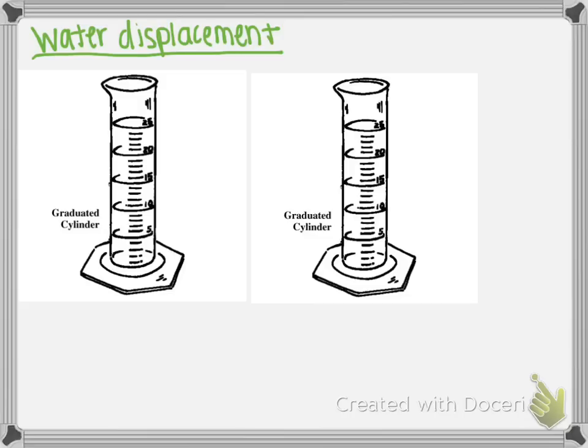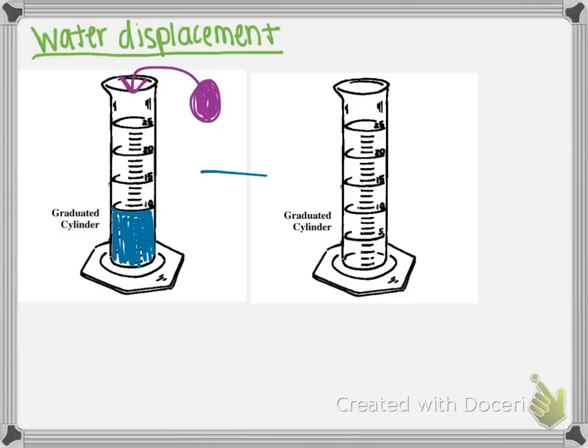And what we do there is we first fill the graduated cylinder with a certain recorded volume of water. Let's say that we put 10 milliliters of water in here. Alright, so I put 10 milliliters of water in there, and then I drop my rock into that graduated cylinder. Once I drop my rock in, the water is going to rise a certain amount.